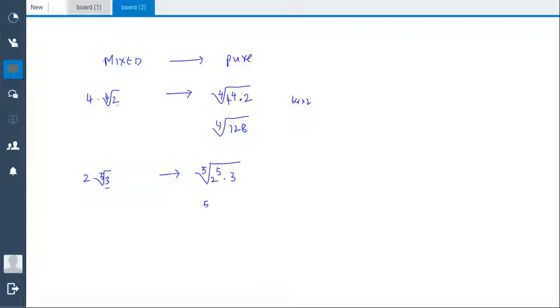So how much will it become? 2 to the power of 5 is equal to 32. So 32 into 3, so it is equal to fifth root of 96. You understood? So when you want to convert any mixed surd, you can do it like this. Whenever you want, you can do it like this. Okay?